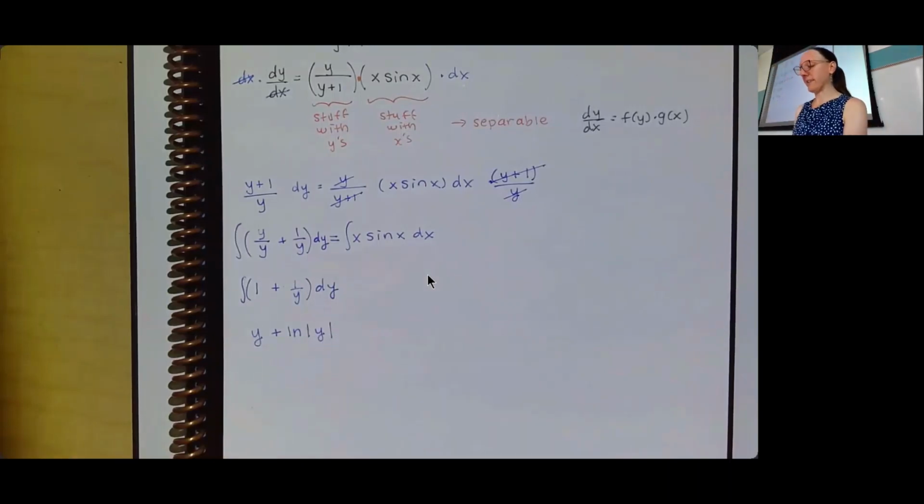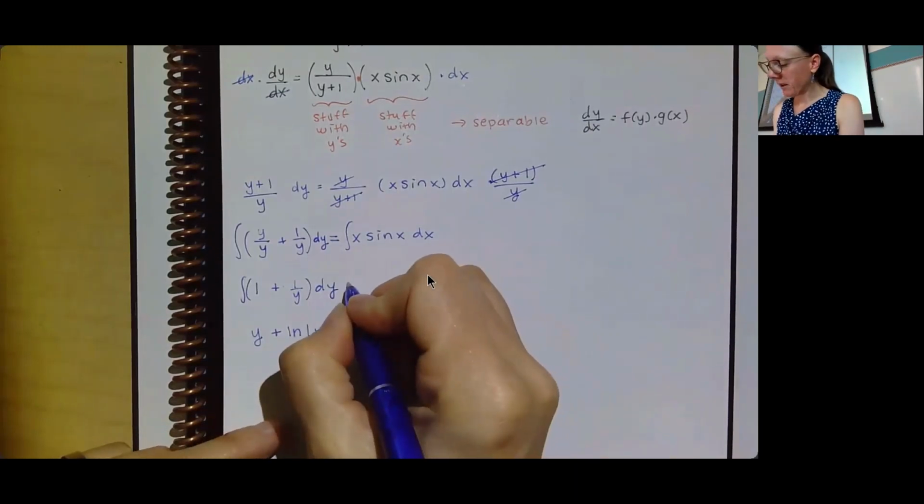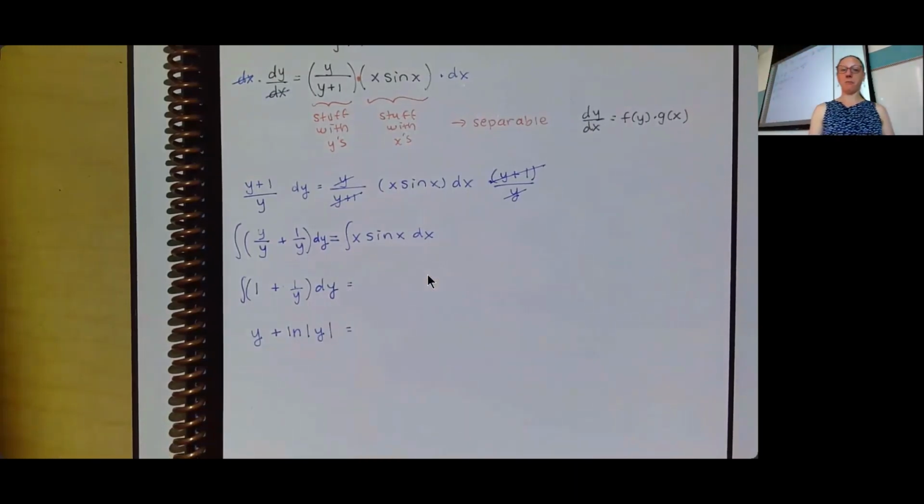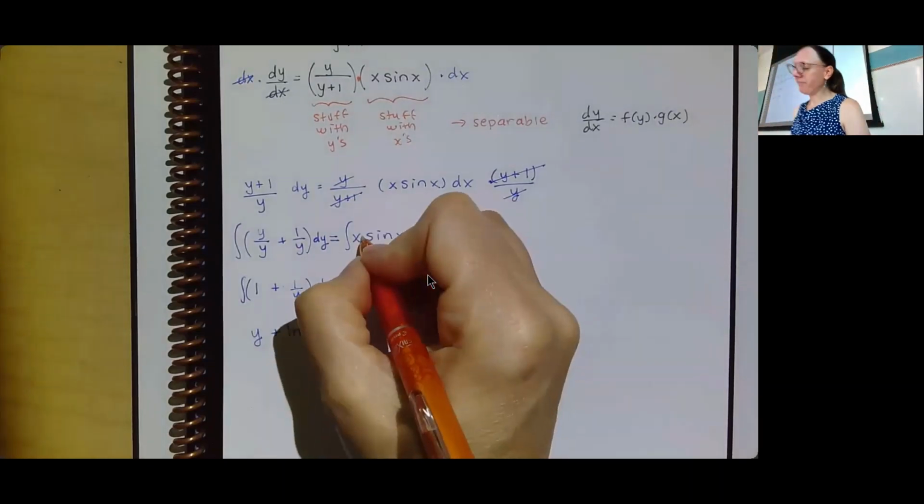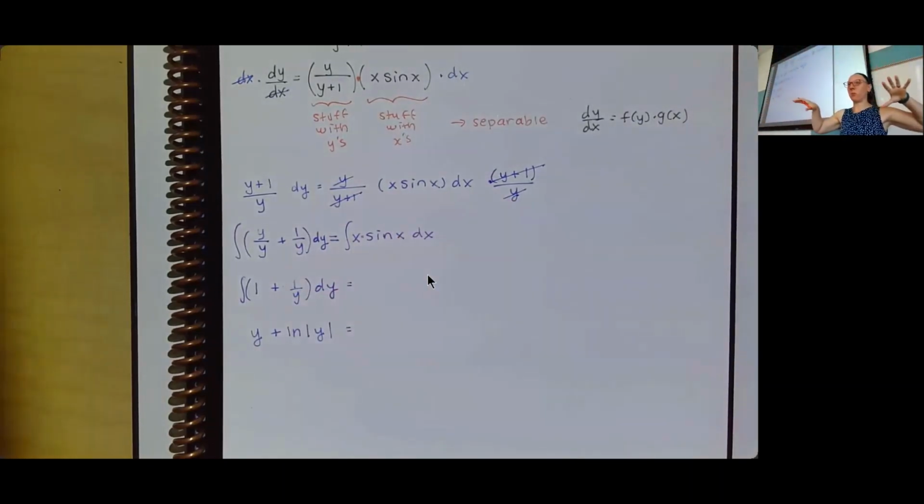Now I get to do the right-hand side. Right-hand side is going to be a little more fun. I've got two things being multiplied together. There's not going to be algebra to get me out of this because I've got a trig function. So there's only two options for that multiplication. It's either a u sub or it's integration by parts.